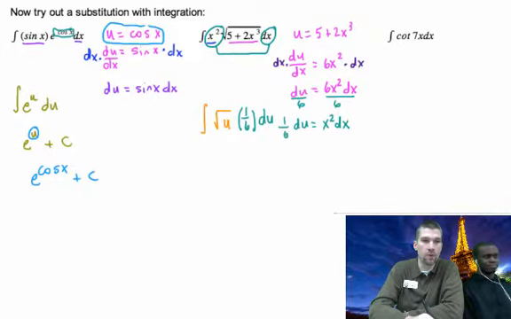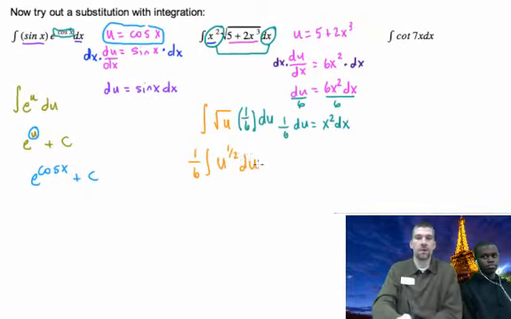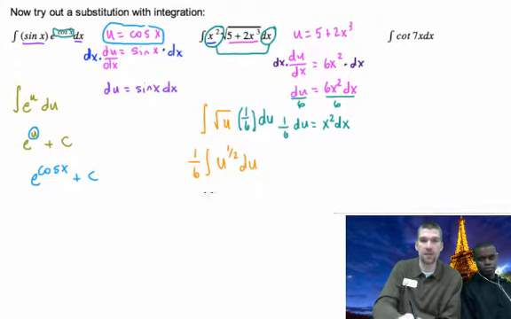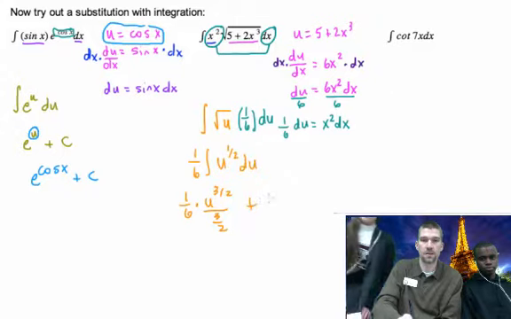And when we work this problem out, the 1/6 can come in front of the integral because it's a constant. u to the 1/2 du. Now, add 1 to the exponent, divide by your new number. So I'm going to have 1/6 times u to the 3/2 divided by 3/2 plus c.